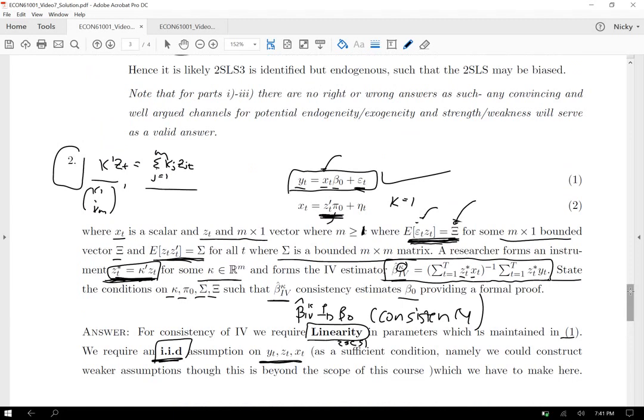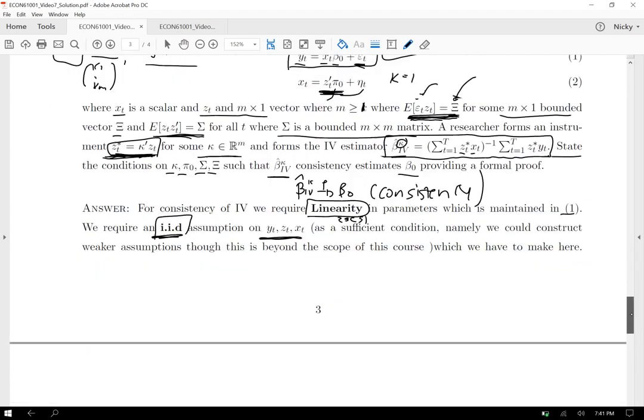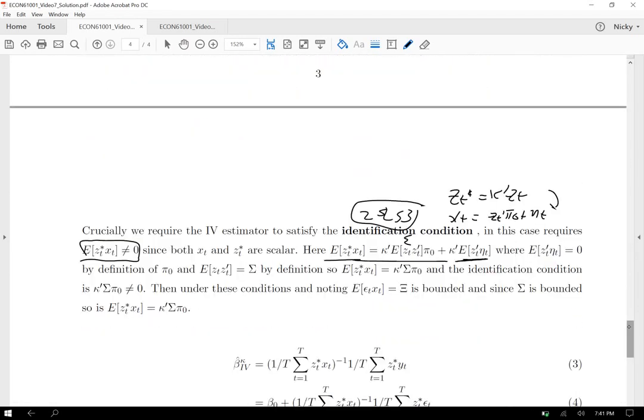This pi naught by construction makes eta and z uncorrelated. So we know that eta and z are uncorrelated by the definition of pi naught. Remember, pi naught is the OLS coefficient, which by construction makes the error unrelated to the regressors, and the regressors here are z in the x regression. We have the covariance matrix sigma. So then we're done. This term equals naught, so it drops out, and this is just sigma here, so we get this result here.